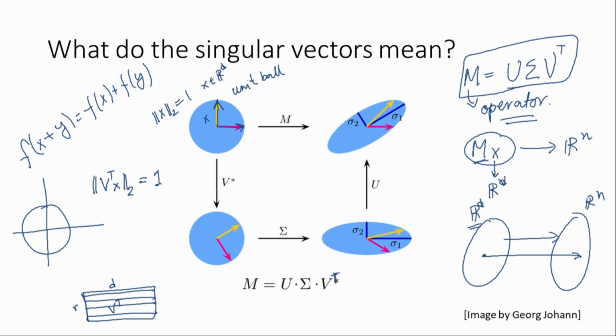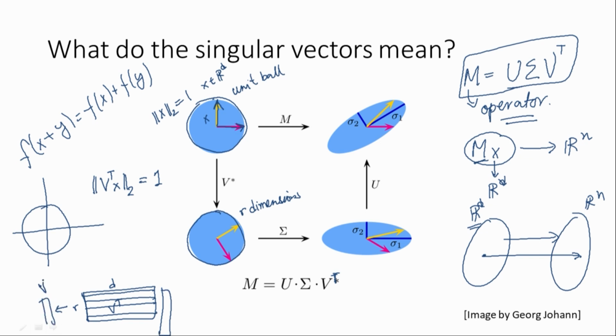What does that mean? If you were looking at the unit ball in d dimensions, you have gone from the unit ball in d dimensions to the unit ball in r dimensions, because V transpose takes a vector from d dimensions and puts it in r dimensions.